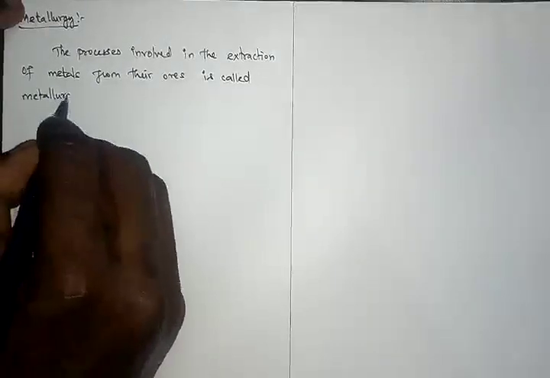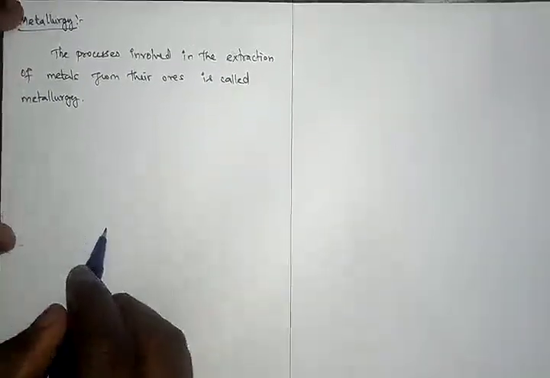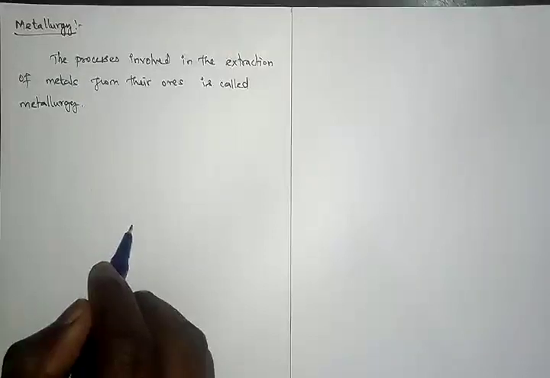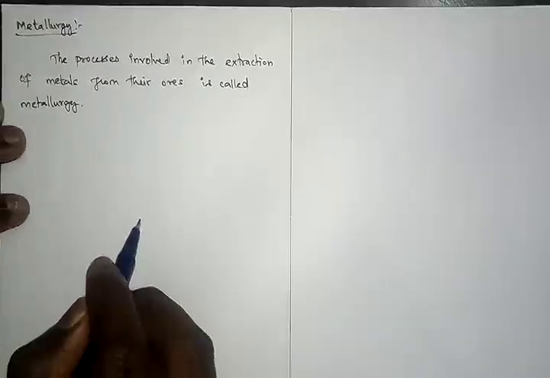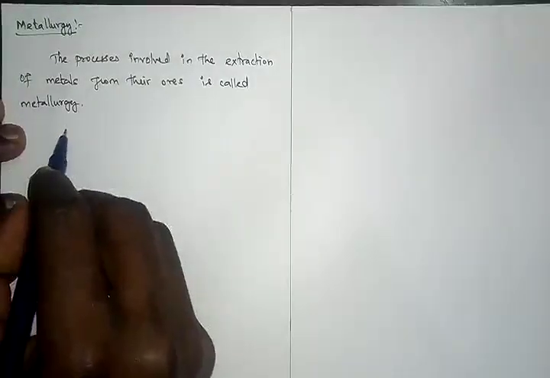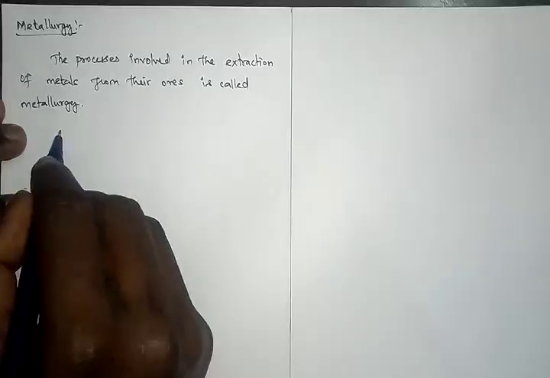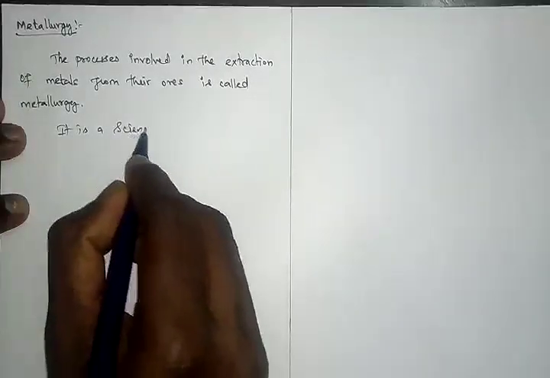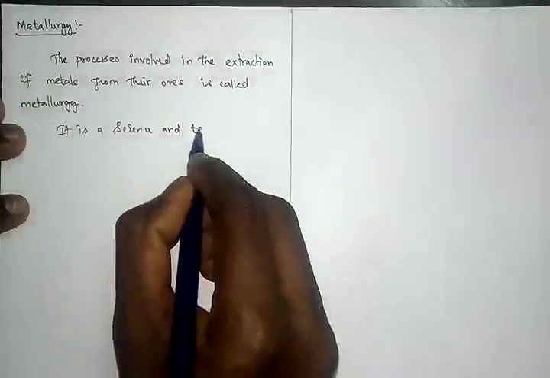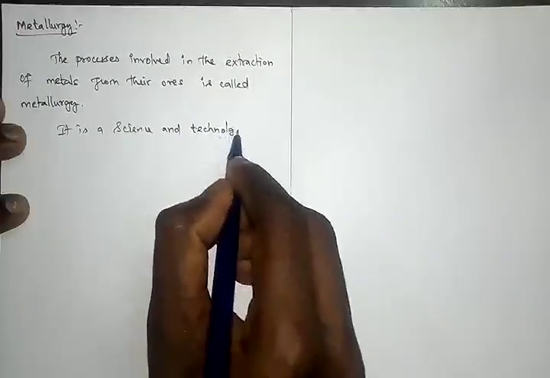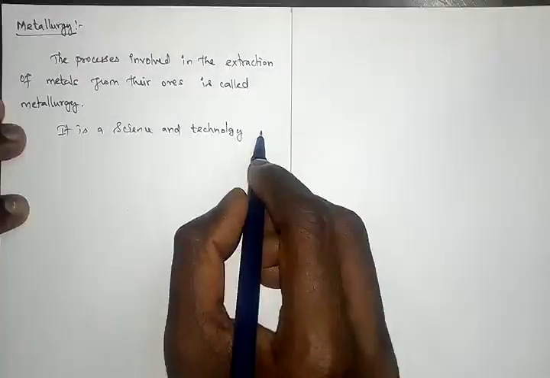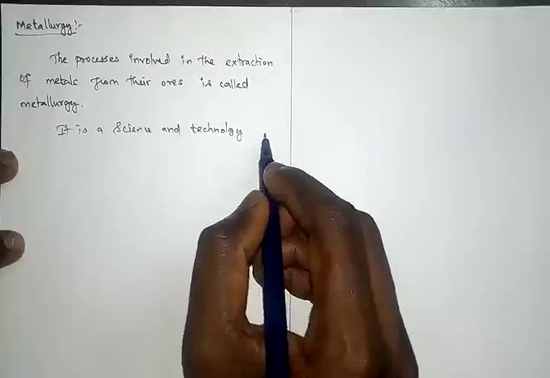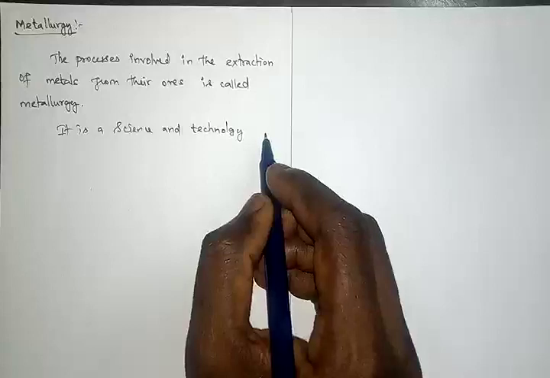So it's a very clear idea, my dear children. So what do you call metallurgy? The processes involved in the extraction of metals from their ores is called metallurgy. Very simple idea. Or we use science and technology, right? We use science and technology for what?